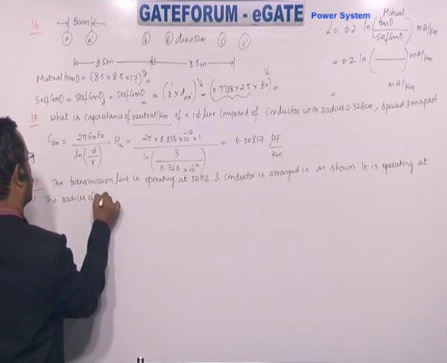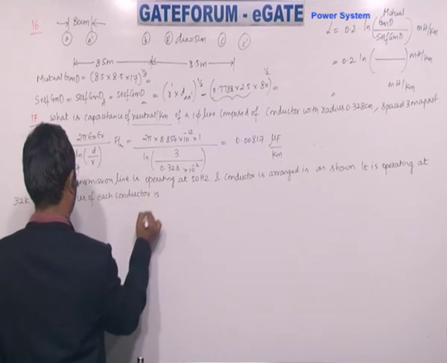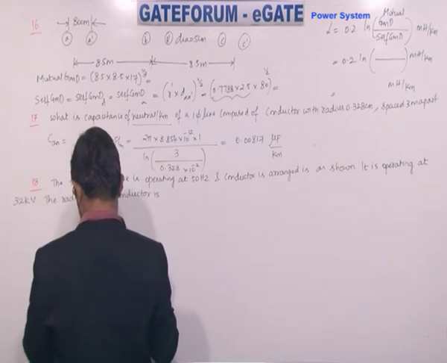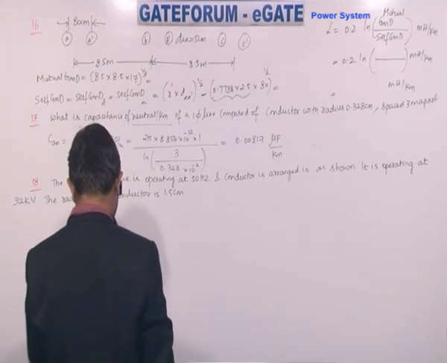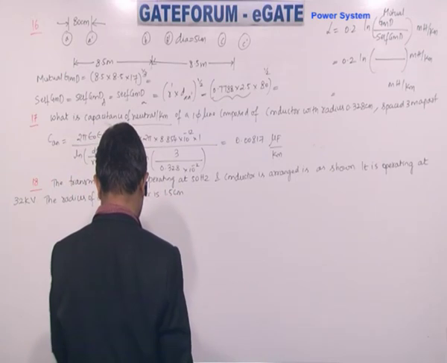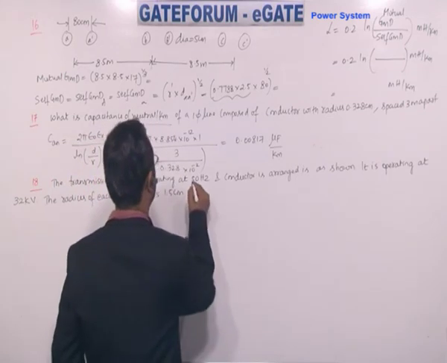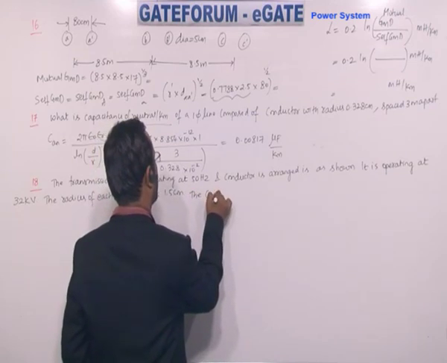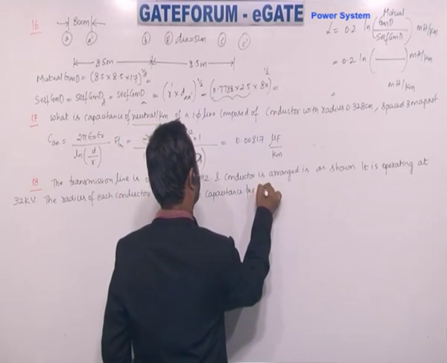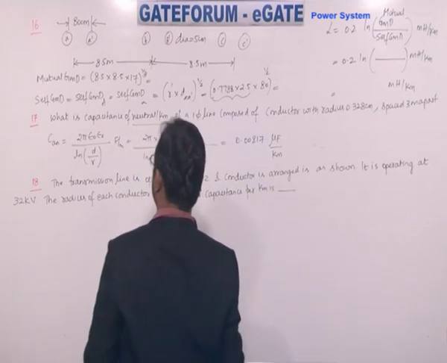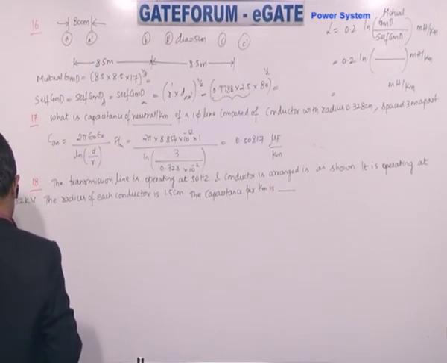The radius of each conductor is 1.5 centimeters. The capacitance per kilometer is.